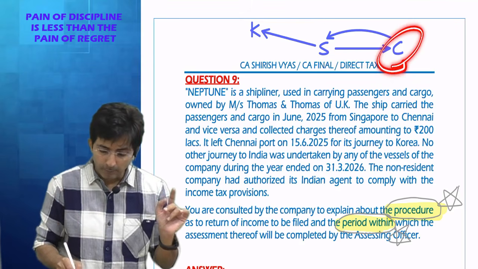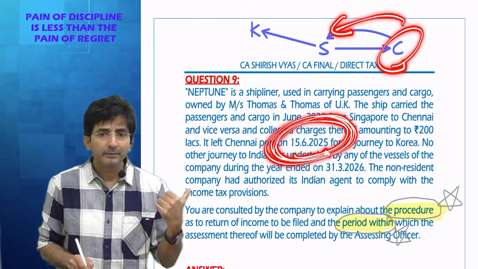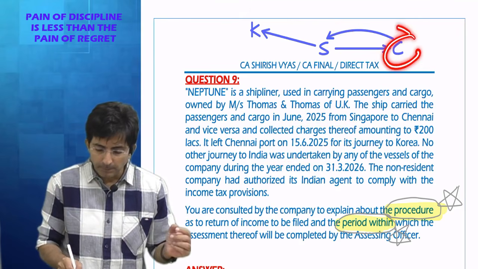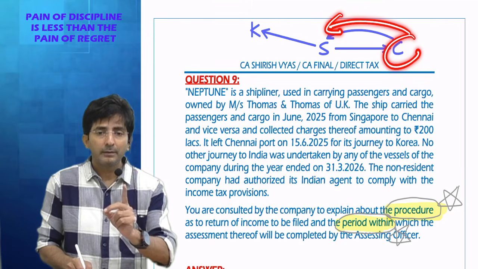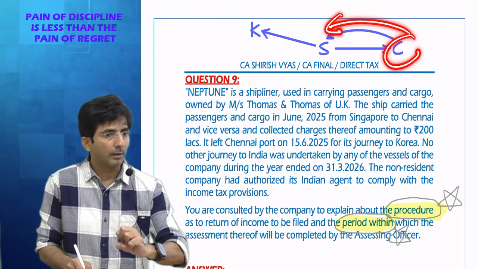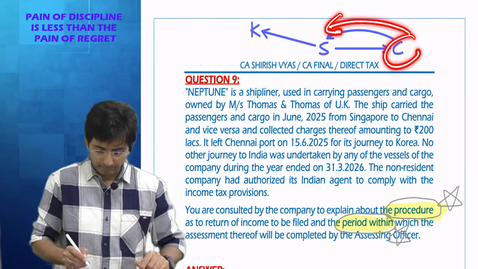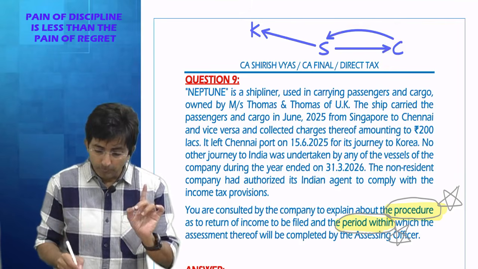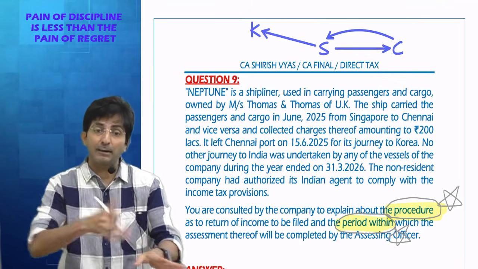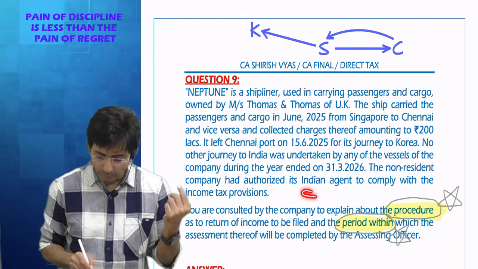But when it departs from Chennai on 15th June, I have to give consultancy. So my consultancy is, when the ship departs from Chennai, you have to file a voyage return of the bookings at Chennai port and pay 35% tax. This is the advice to be given. Okay. And if before departure you cannot do it, you can do it within 30 days after departure, but only if approved by the AO. And they have got an agent also in India.